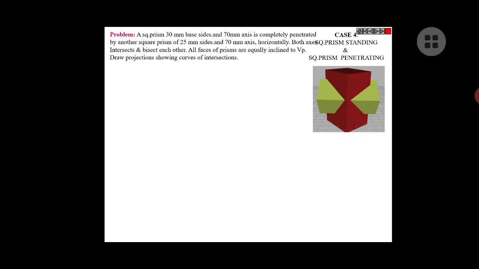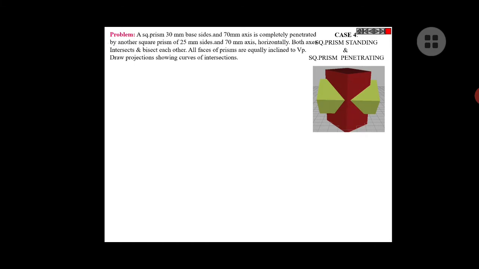The first case is square prism standing and square prism penetrating. So in that we see, firstly, two prisms as shown in the figure. The first prism is vertical, another is horizontal. So there is a problem.